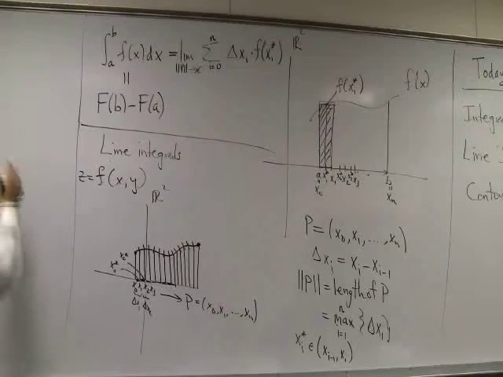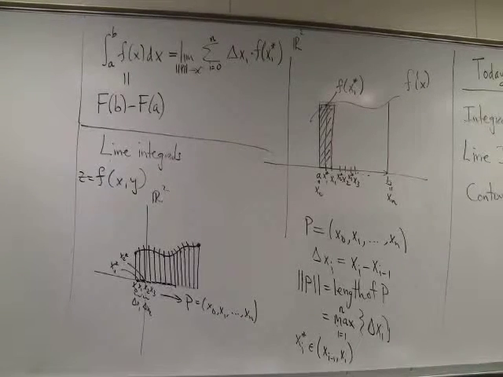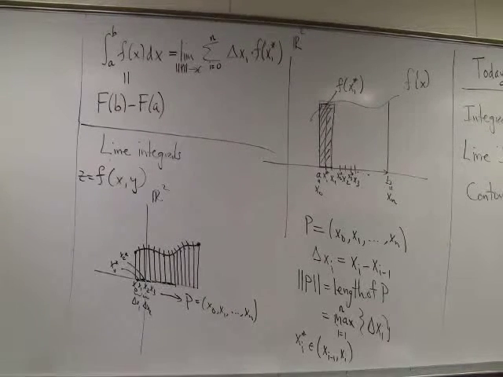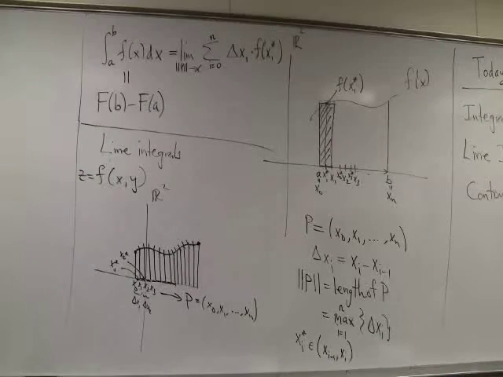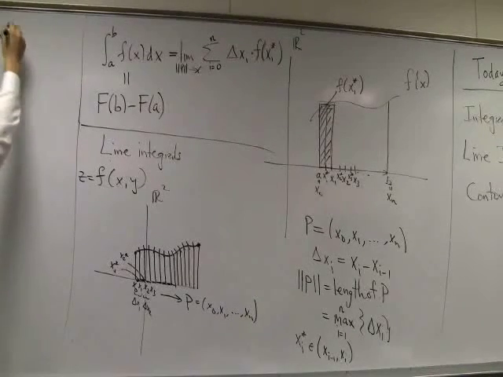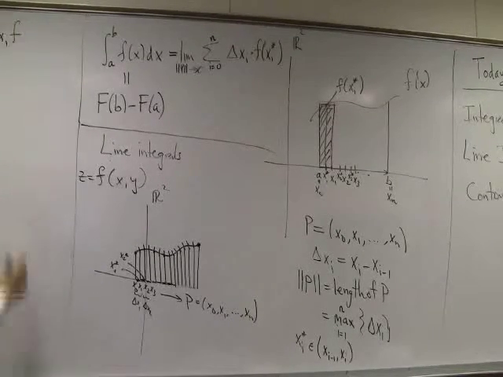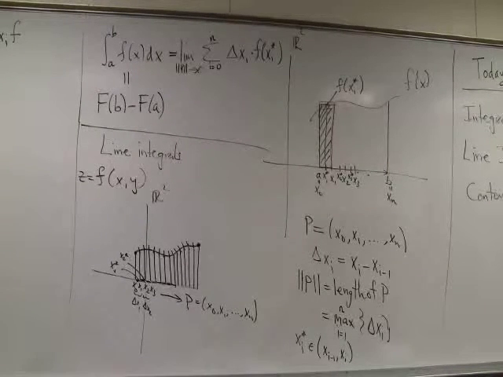And then I can write down the limit as the length of P goes to 0 of the sum, i equals 0 to n, delta xi. And then, now we have a little bit of a problem.